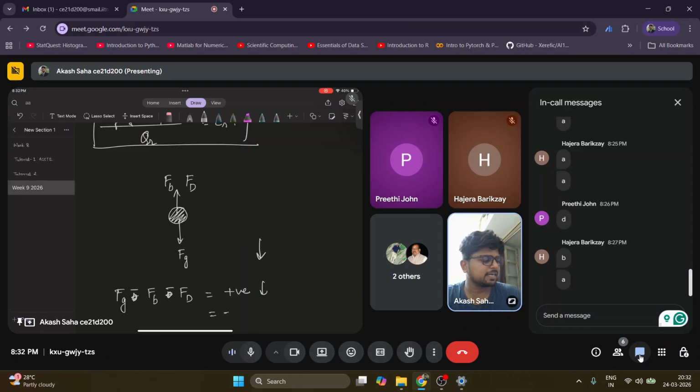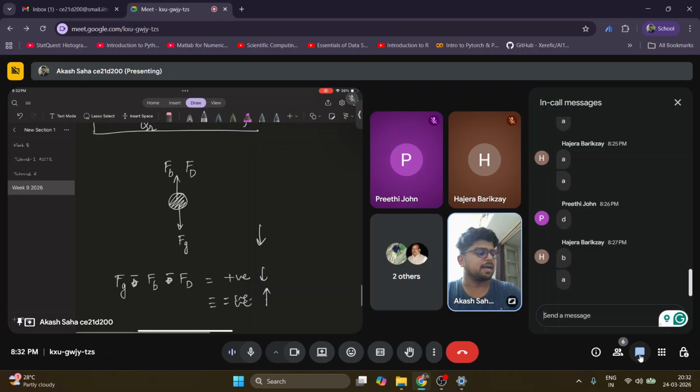If I get a negative value, the particle is going up. That is the basic concept even for the settling velocity. If you remember, we equate the total mass into acceleration with all these gravitational and other forces to come up with the equation of settling velocity. So that is the idea behind this question.